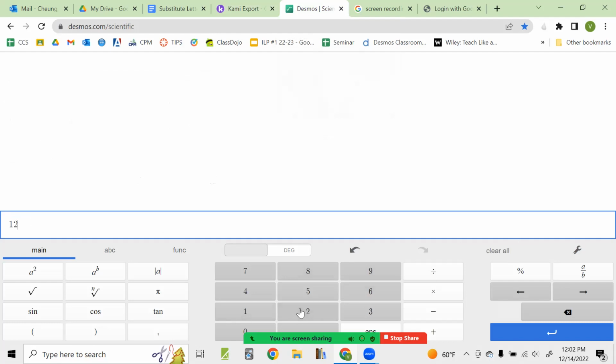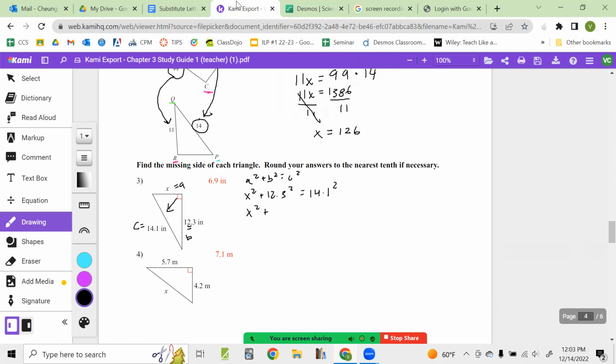So 12.3 squared is 151.29. Equals 14.1 squared.